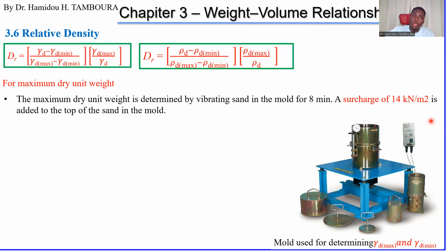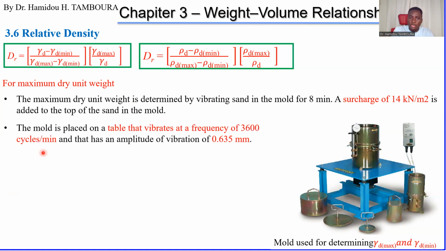So you add this load on the top of the sand in the mold, and you add the surcharge on the soil, and then you shake for 8 minutes, and the mold is placed on the table, and the table vibrates at the frequency of 3,600 cycles per minute.